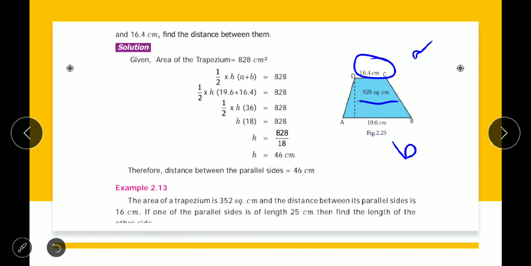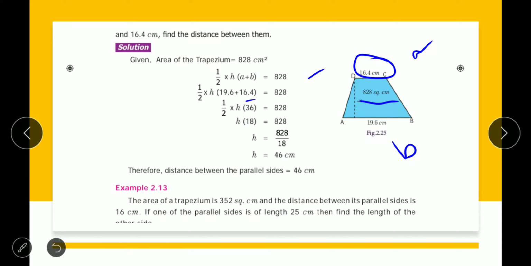So whatever values we know, we will substitute all these values in the formula. As we know, the formula is 1 by 2 into height into (A plus B), which is equal to area. Area is given, that is 828, and substitute the values of the parallel sides A and B. The value of A is 19.6 and the value of B is 16.4. So when we add that, we will get 36, and there is 1 by 2.